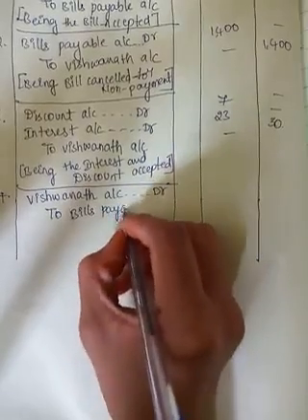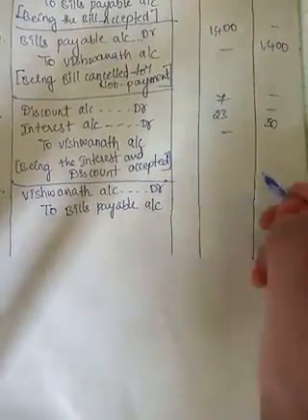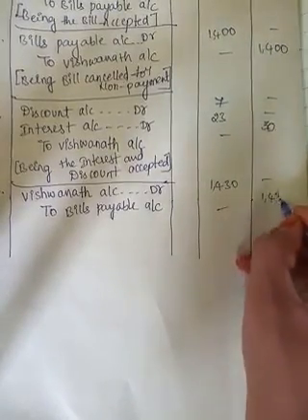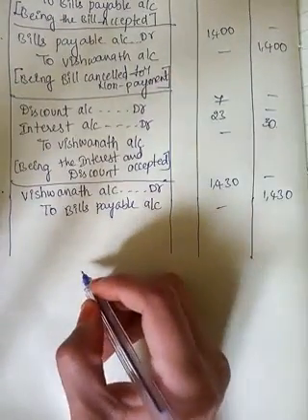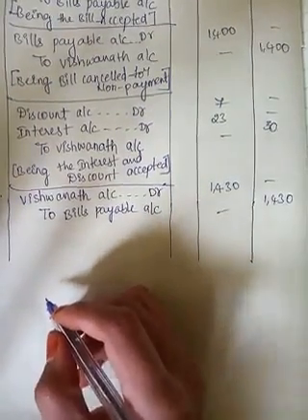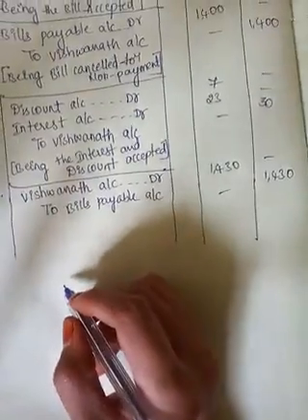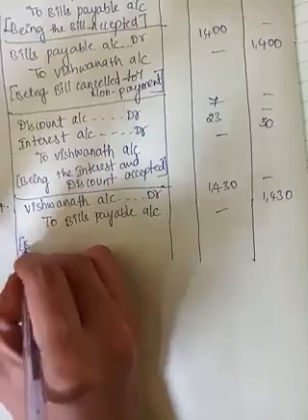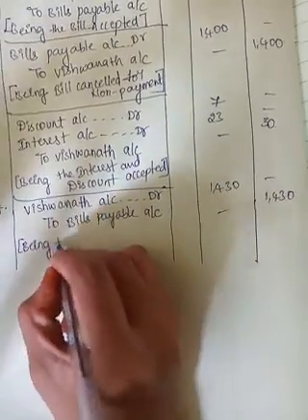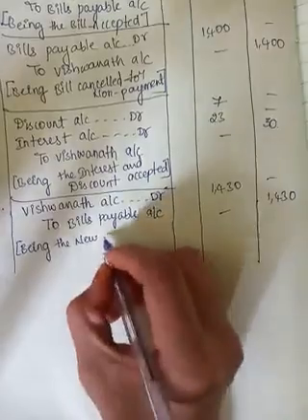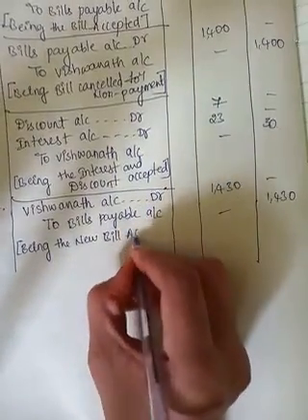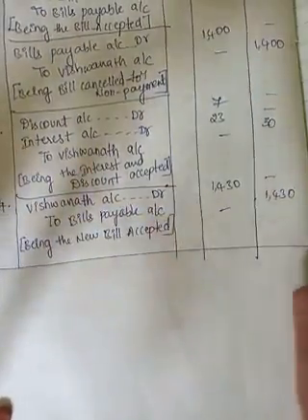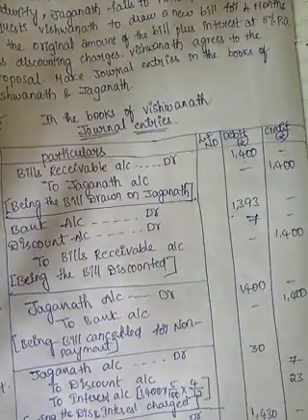The amount is 1430 and 1430. Narration is being the new bill accepted. Okay, these are the journal entries.